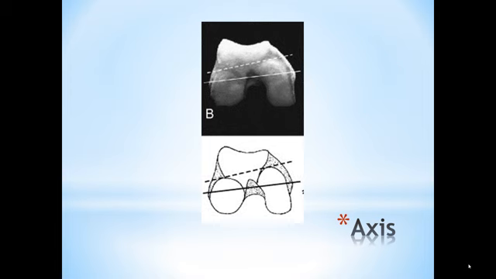We also kind of have an axis at the tibial-femoral joint. And the axis for flexion extension at the tibial-femoral joint passes horizontally, and it passes through the femoral condyles at kind of a right angle. But we'll notice that, again, remember, our lateral femoral condyle is a little bit smaller than our medial femoral condyle.